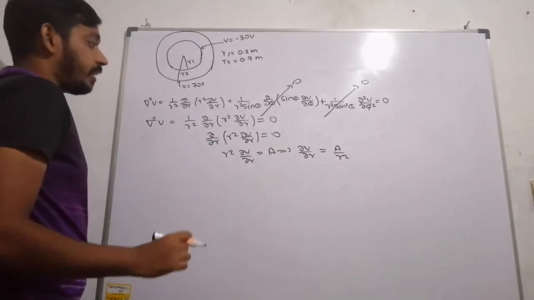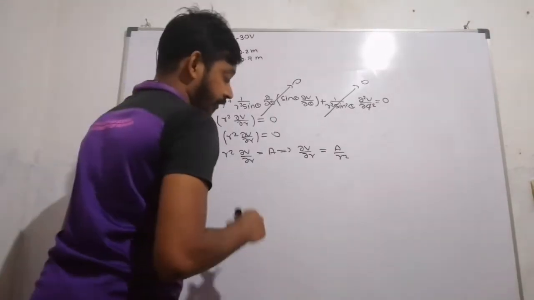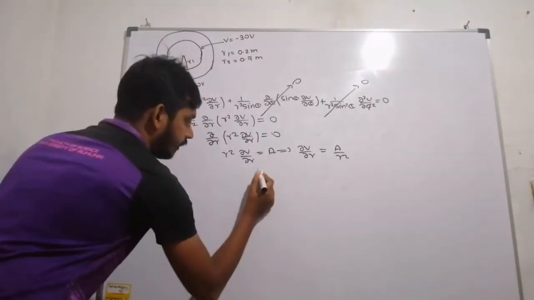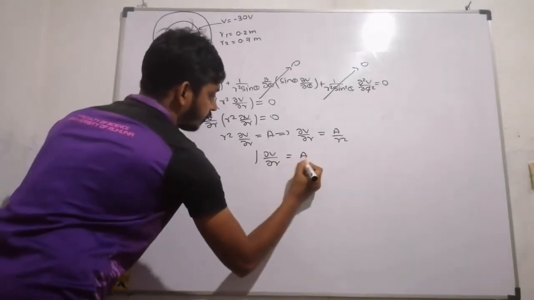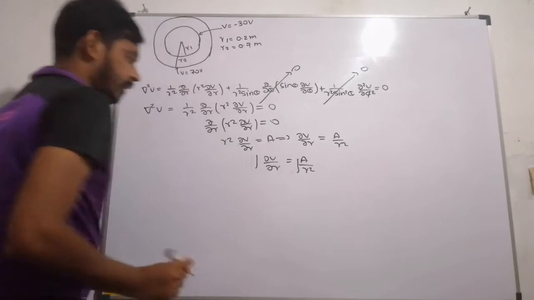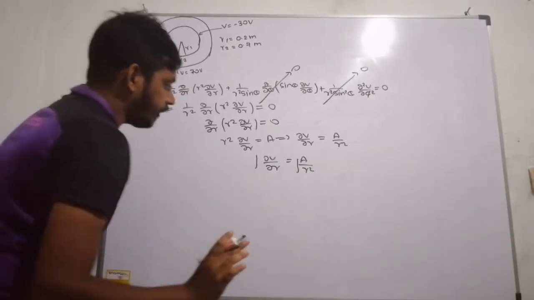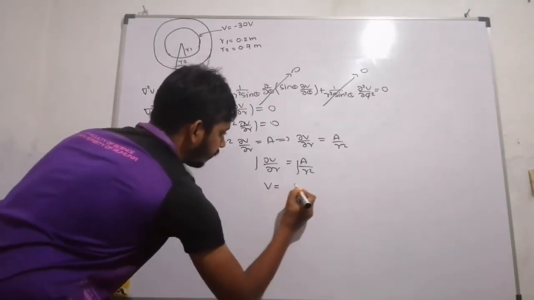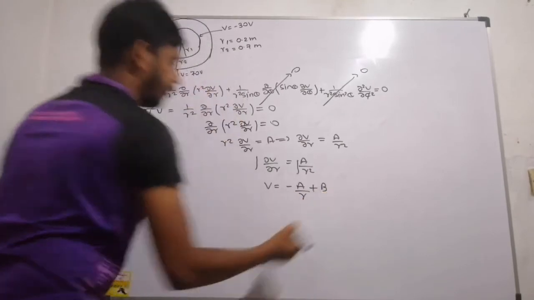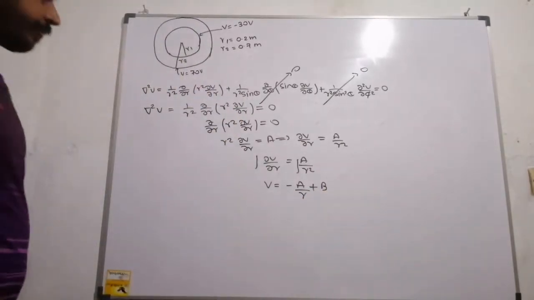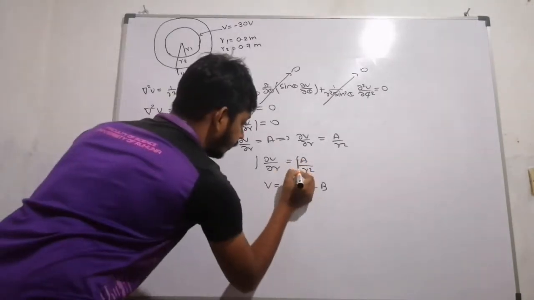Now let me integrate another time with respect to R. I will have V equals minus A over R plus B. Okay, do you get it?